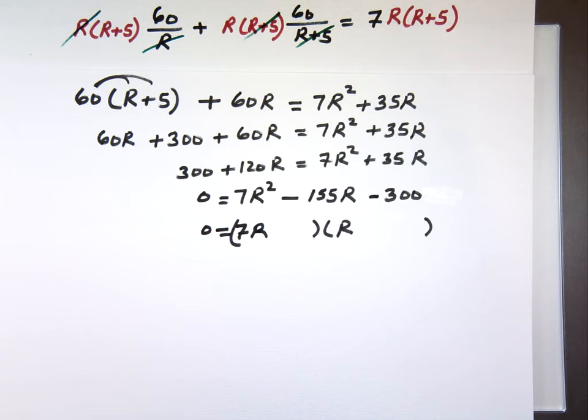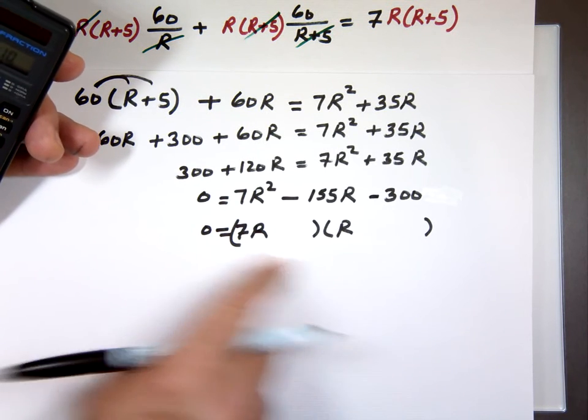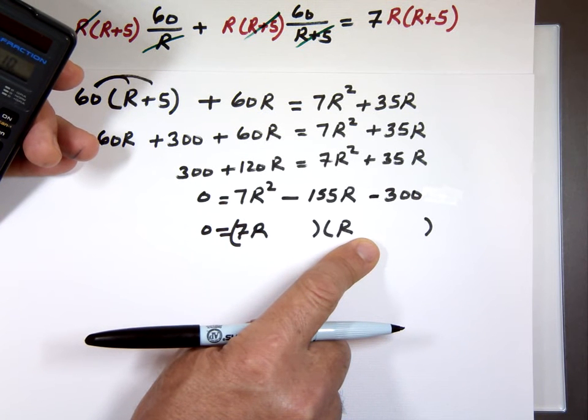30 times 10, is that 300? So 30 times 10 will not work. 20 times 15.